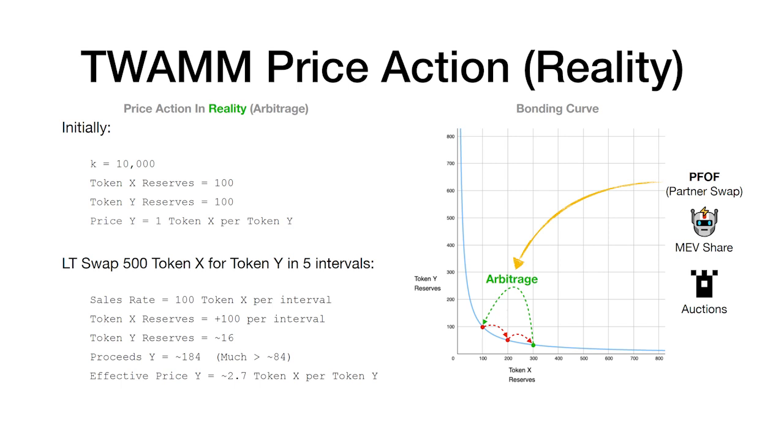That's the green line where we've now moved back on the bonding curve. For this 5 interval example, if you crunch the math, what you end up discovering is that the proceeds are now 184. So that's much, much greater than the original 84. And your effective price is about 2.7 tokens, which is actually less than half of what you paid in the previous exchange.